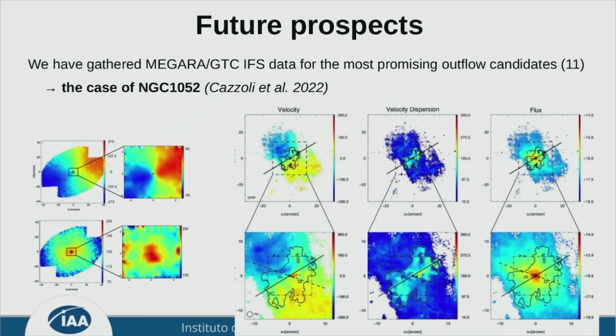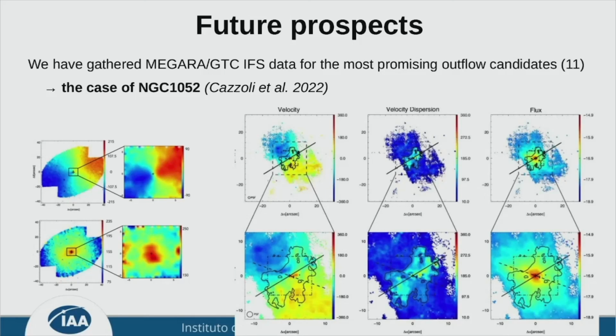We have gathered data for a total of 12 targets with MEGARA at the GTC telescope. And we have started with one galaxy, NGC 1052, which is a very prototypical LINER, for which we have gathered data not only with MEGARA, but also with MUSE at the VLT. And we have found a really nice outflow that we have characterized perfectly, so this work is already published.